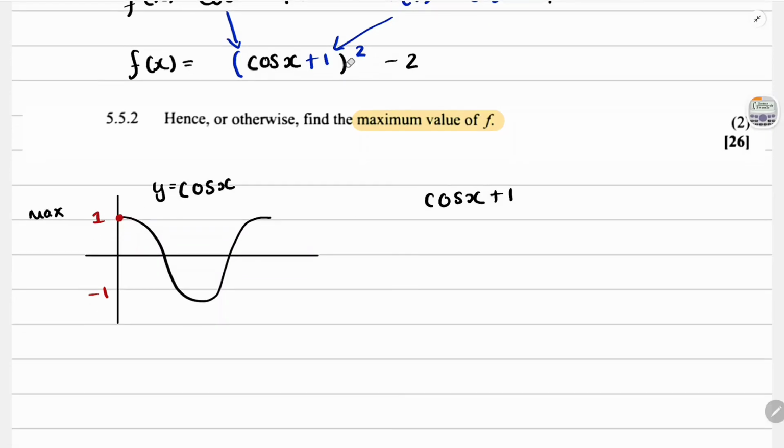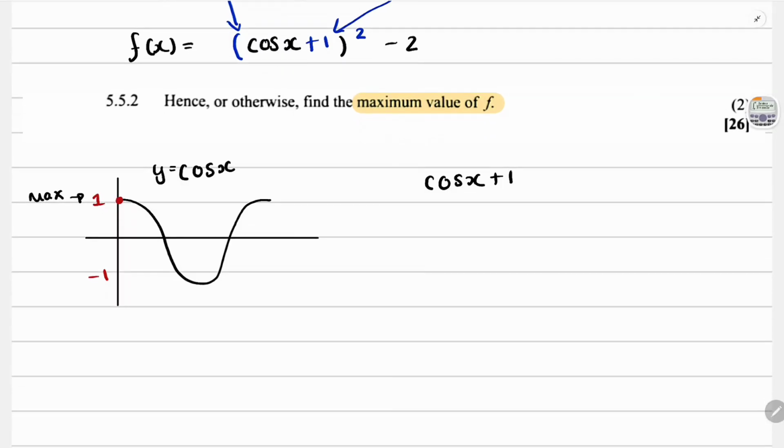Now we're just going to use the other things going on here to apply them to our cos graph and see what y value for our maximum we end up with. So this is the maximum. It was originally 1. Then what did they do to it? They took that cos graph and moved it up by 1 unit. So it means that our maximum, because we're only focusing on the maximum right now, used to be 1.